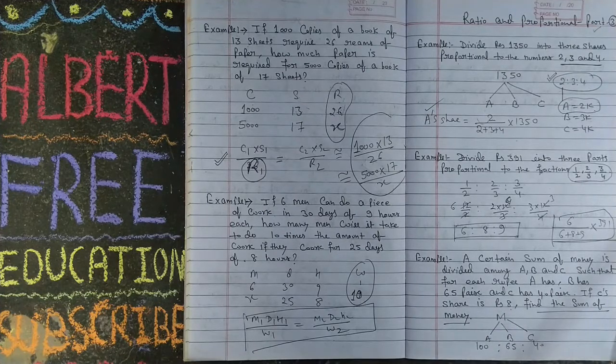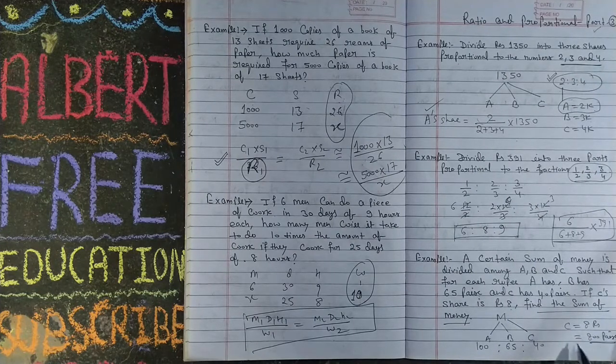Very simple. He has given C's money: C has 8 rupees. We convert to paisa, that is 800 paisa.